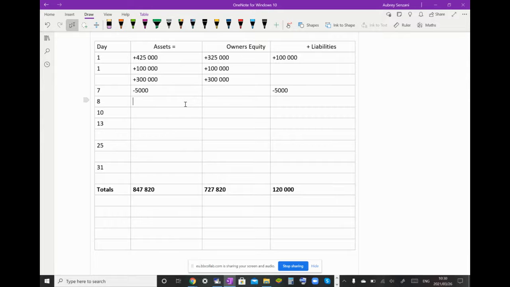Next transaction, on the 8th, it says paid the bookkeeper's salary by check, 9,000. So your bank is affected, and also an expense. What expense in particular? Salary.